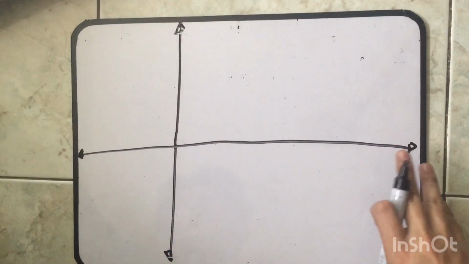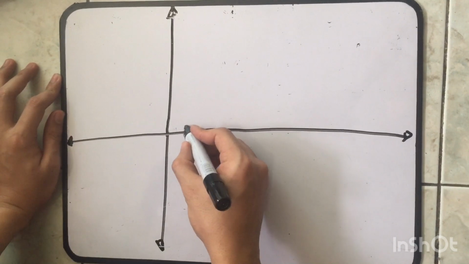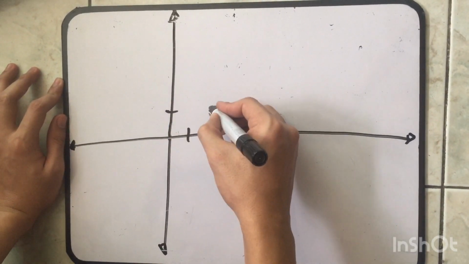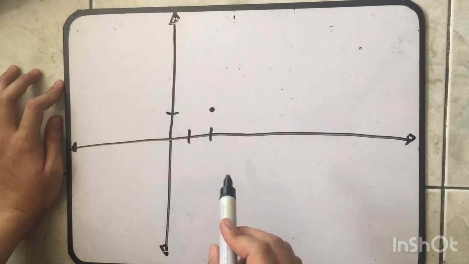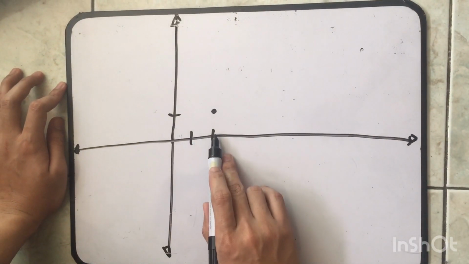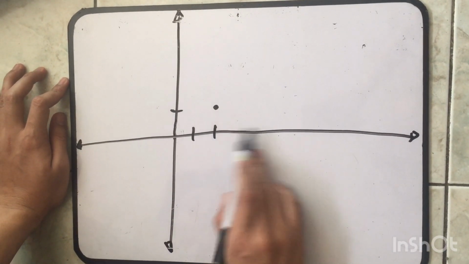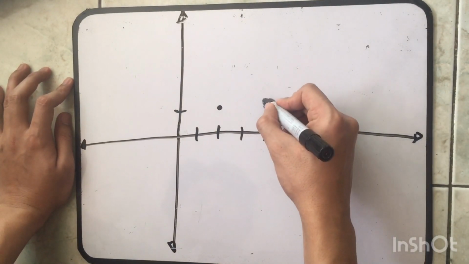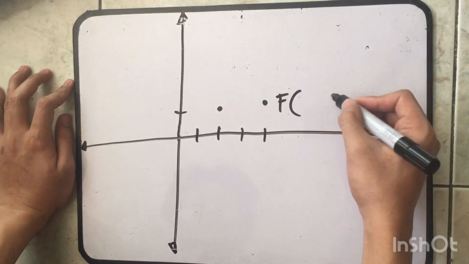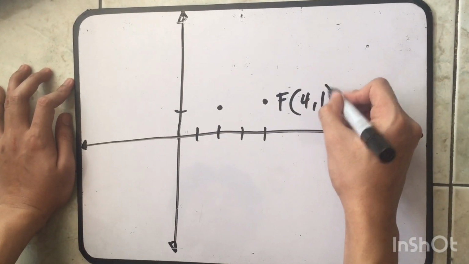Then try to graph. We have positive 2 and positive 1, and this is our vertex. And again, the equation implies that the parabola opens to the right. So from the vertex, we're going to count 2 units to the right to determine the focus. 1, 2, and that is the focus given by f. That is 4 and positive 1.